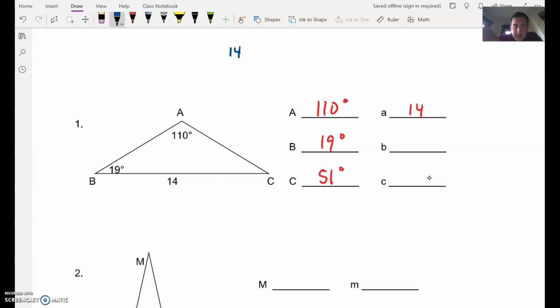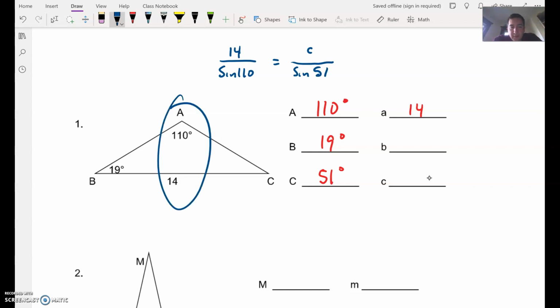14, which is the side length, over the sine of 110 is equal to, let's find the biggest one first, so let's find C, is equal to C over sine of 51. Notice that setup. 14 over sine 110 was given to me in the problem. 14 and 110, they go together.